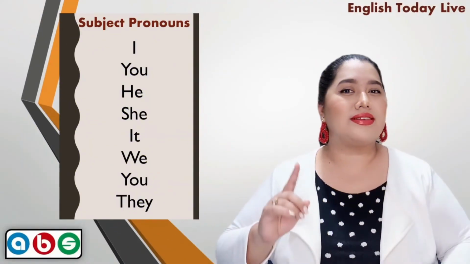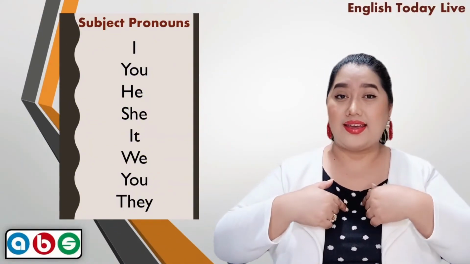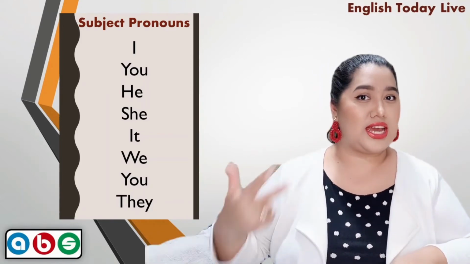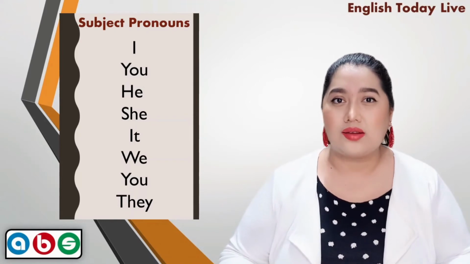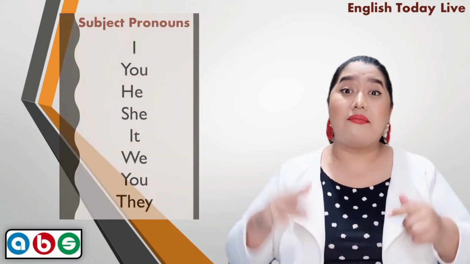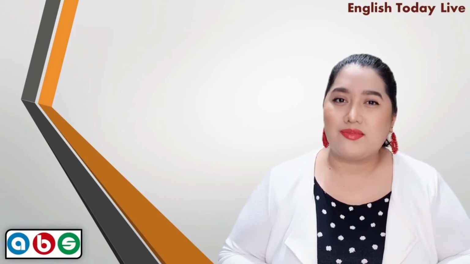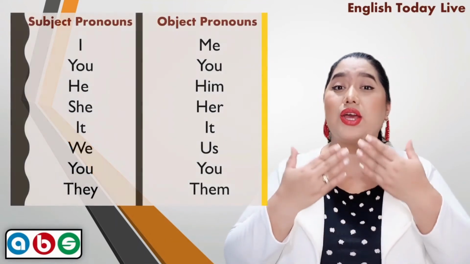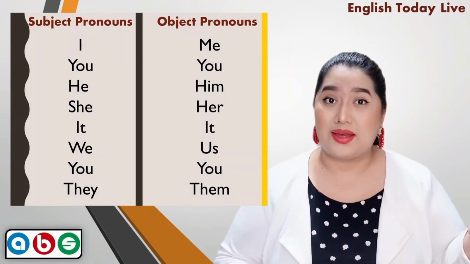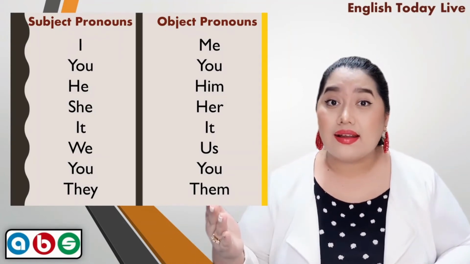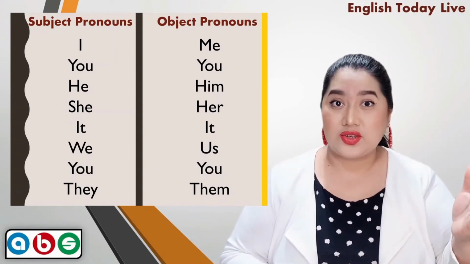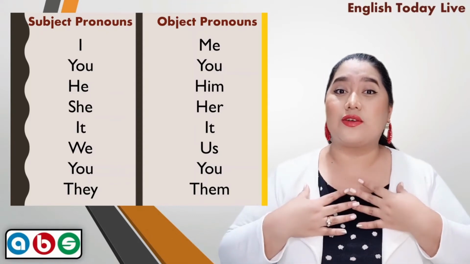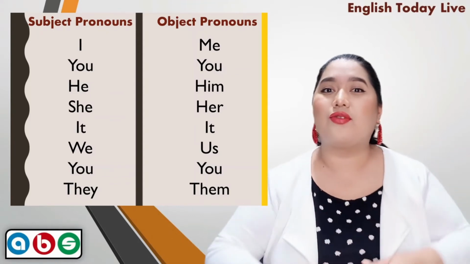You know about subject pronouns: I, you, we, they, he, she, it, right? These are subject pronouns or personal pronouns. But today we need to learn about object pronouns. The object pronouns are me, you, him for he, her for she, it for it, you for you, us for we, and them for they.